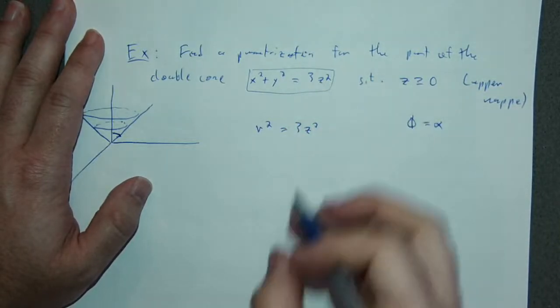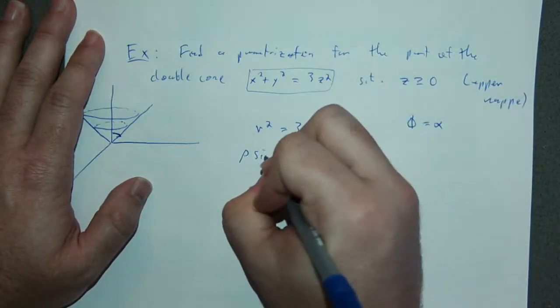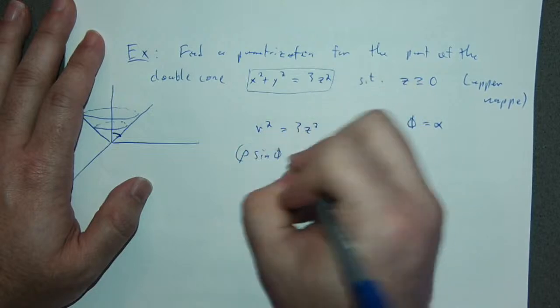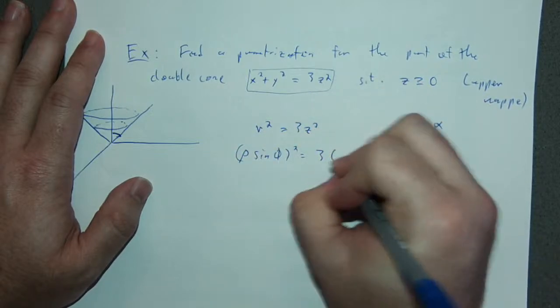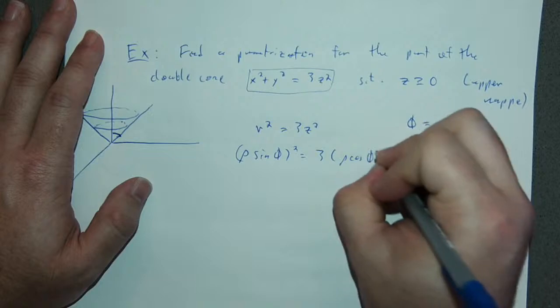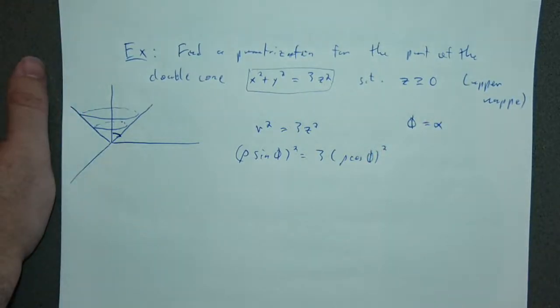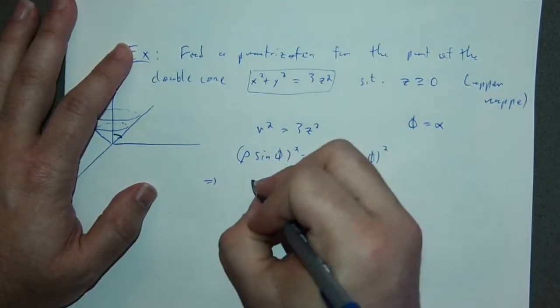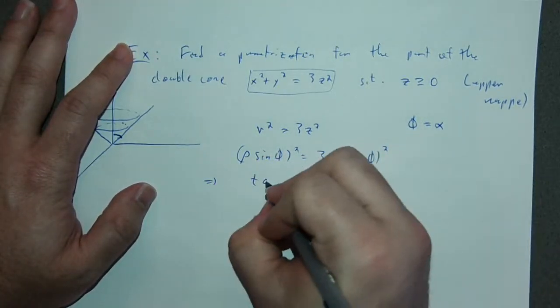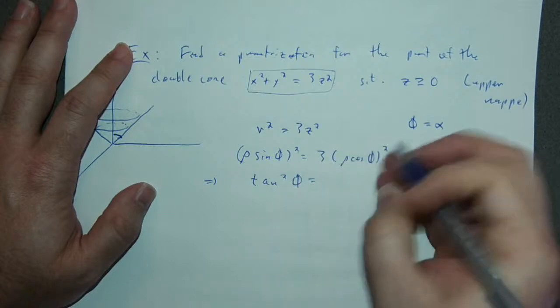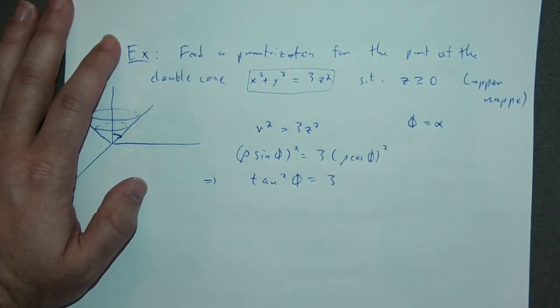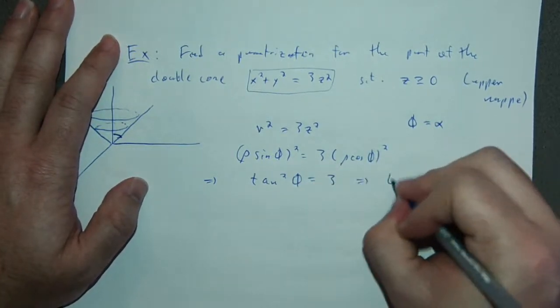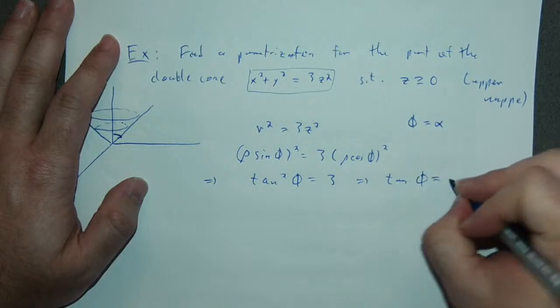But then using spherical coordinates, this is rho sine phi squared is equal to 3 times rho cosine phi squared. Right? And so dividing through by rho and cosine squared phi here, I get that tan squared phi is equal to 3, so that tan phi is equal to root 3.